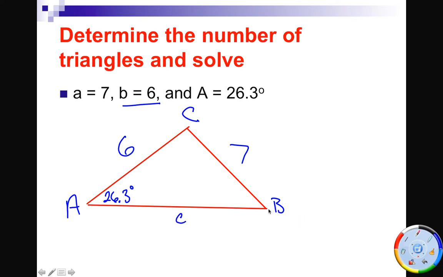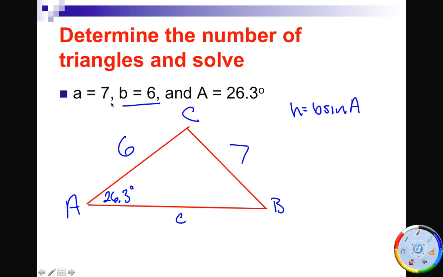So the question now is, how many triangles are there? Now, just because I drew this triangle doesn't mean it's the only one there, and it doesn't even mean that this is a triangle that can be drawn. So I have to do some checking. Let's find h. H is b times the sine of a.